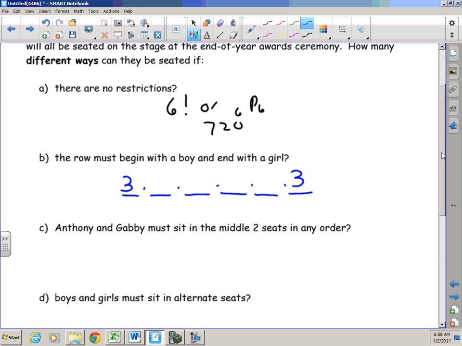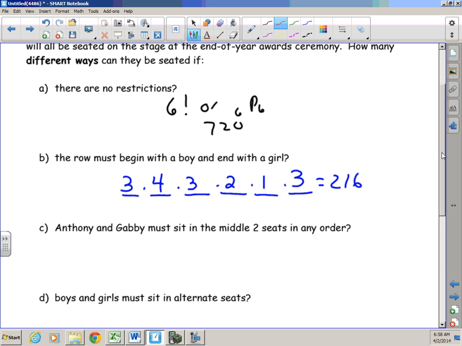You always start with the restricted spots, the ones that have a certain requirement. Now I filled 2 seats. I have 4 left. There's 4 for here, 3 for there, 2 for there, and 1 for there. That's 216 ways that seating arrangement could be met.